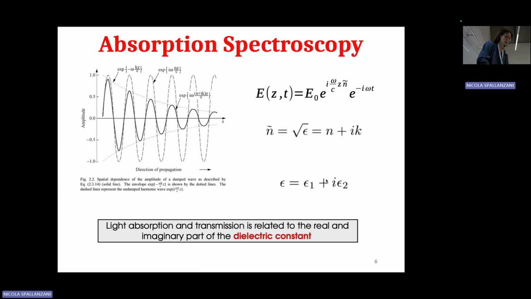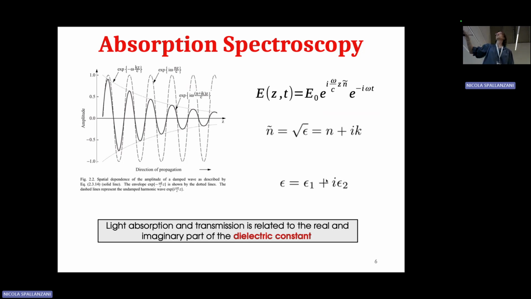So if we have a look at the solid line, this line represents the propagation of the radiation inside the material, which is attenuated, as I said before. This is because the electric field has this kind of form: in the exponent there is a complex quantity, which is the refractive index, and so for this reason we have a damped oscillation.